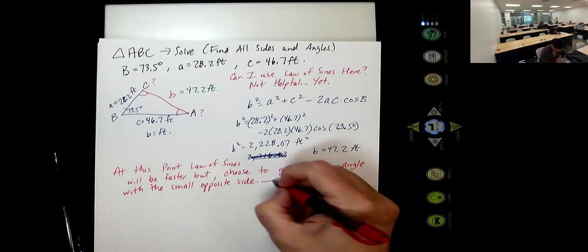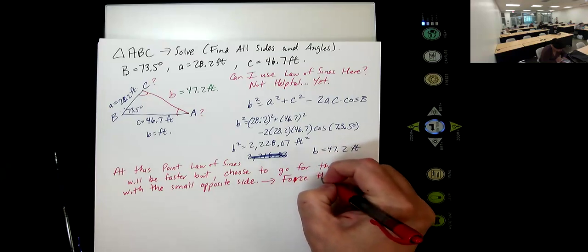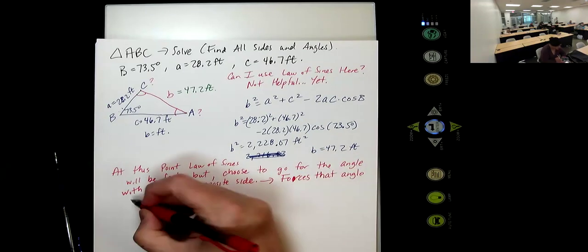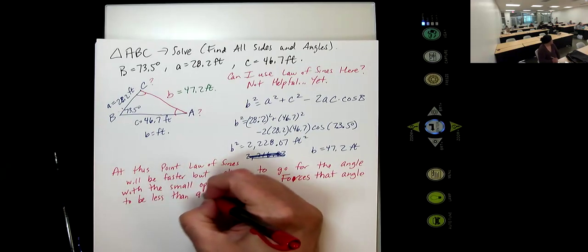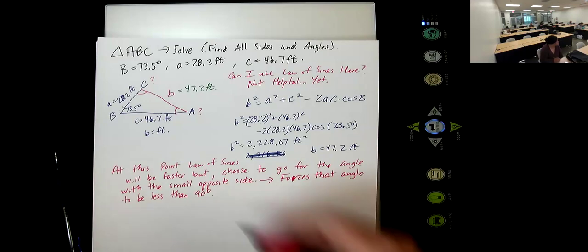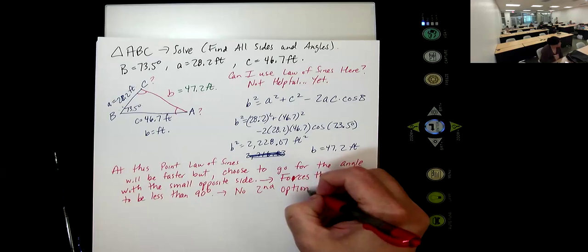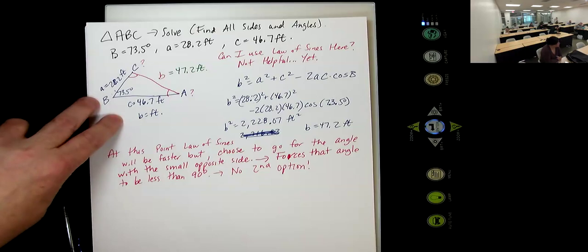That forces that angle to be less than 90 degrees, and that means there's no second option. So in this case, the shorter one is side A between A and C, so I'm gonna use A to go with B.